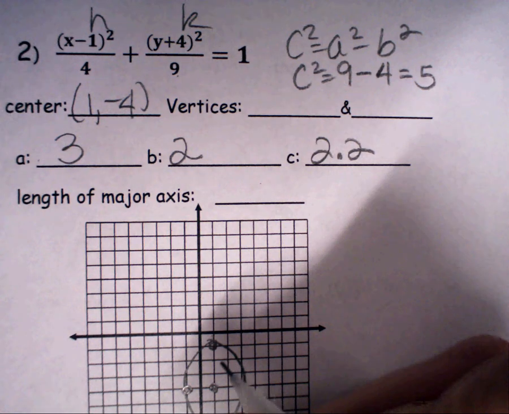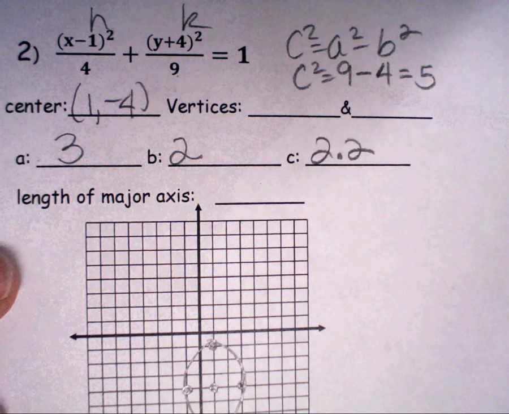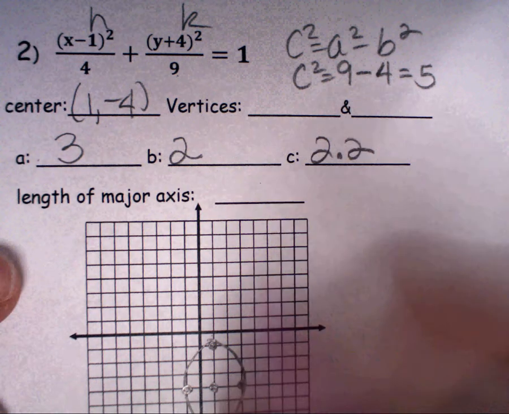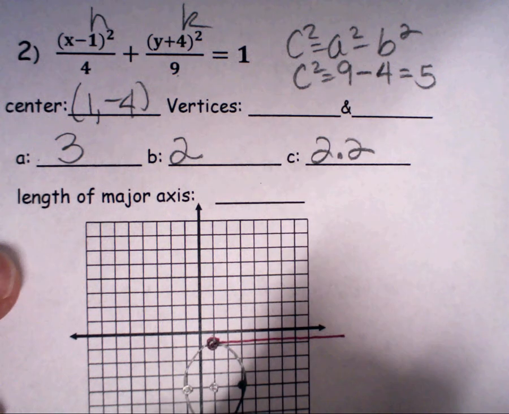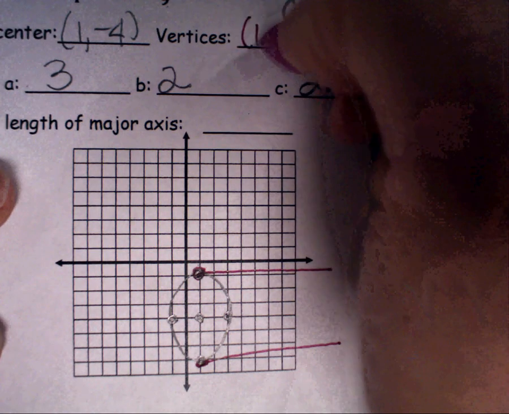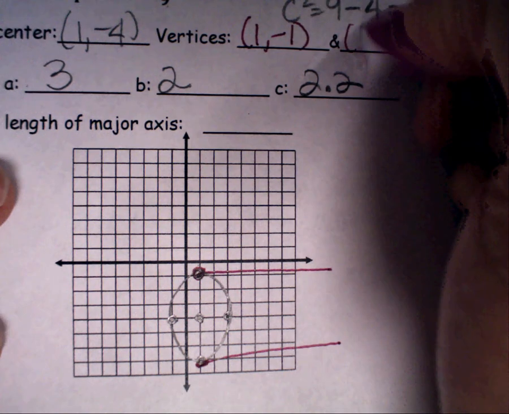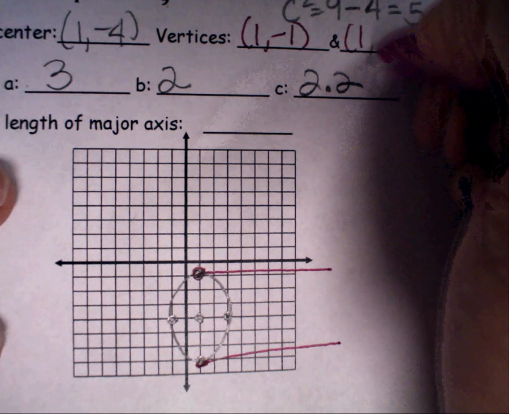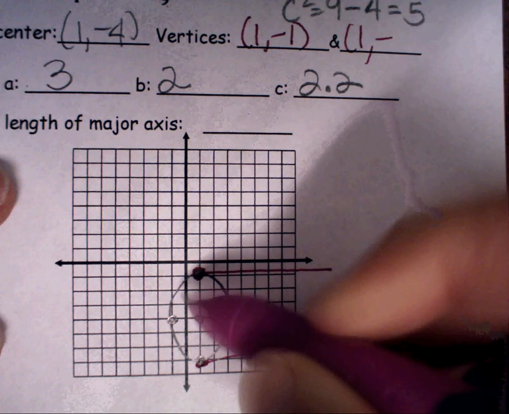Then we want to know the vertices. So the vertices are that point and that point. Those are my two vertices. So those locations are at 1, -1 and 1, -7, let's count it, 1, 2, 3, 4, 5, 6, 7. Those are my vertices.